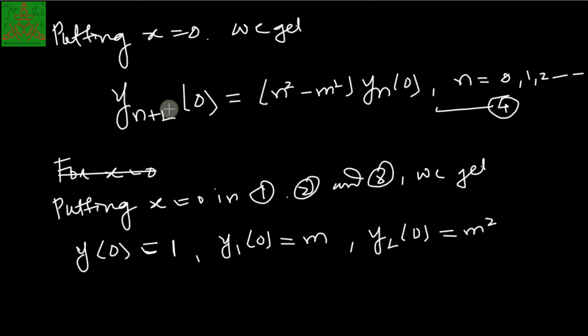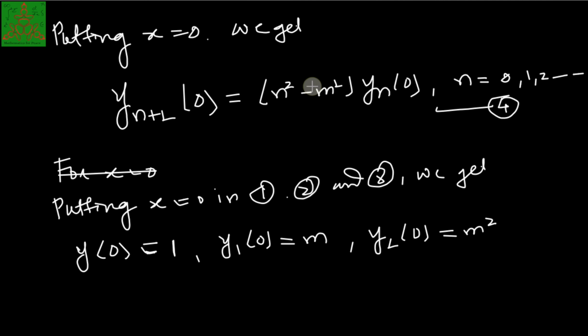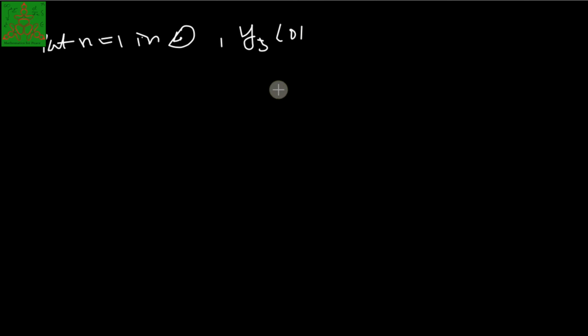So what is y3 at 0? It is 1 square plus m square into y1 at 0. But y1 at 0, you have the answer is m, so it is m times 1 square plus m square.